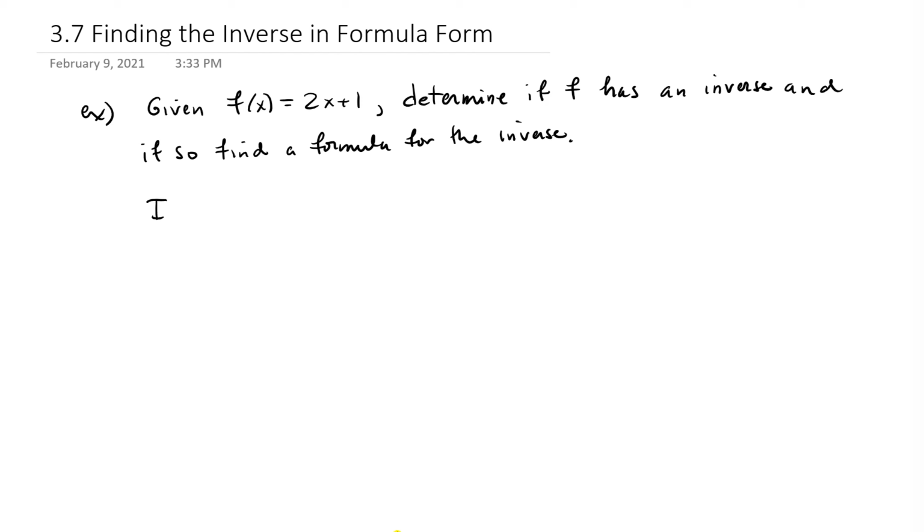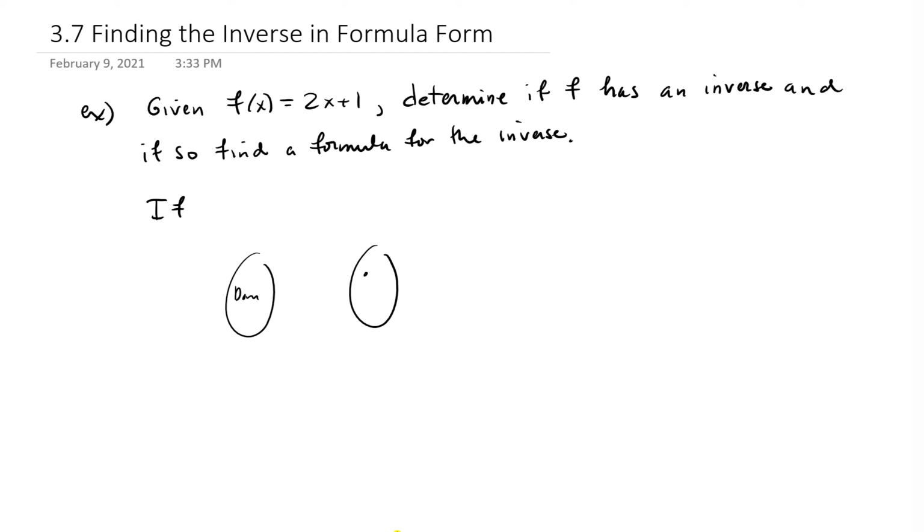A function is going to have an inverse if it's 1-to-1. When it's 1-to-1, you can revert the roles of the input and the output. Once again, the reason is that when it's 1-to-1, you don't have two arrows in the domain going to the same place in the range. Because if that's the case, you could not revert the sign of the arrows to create a new function, because we know that we cannot have something in the domain associated to two different things in the range, so that wouldn't be a function.